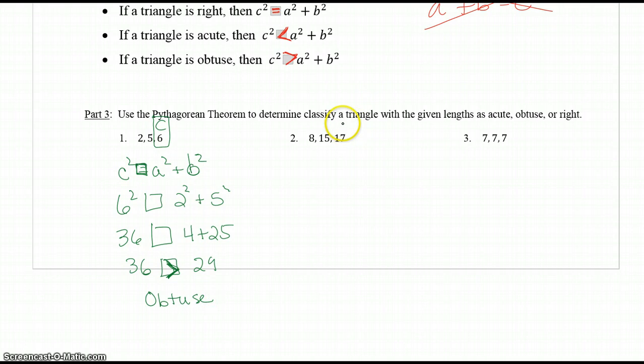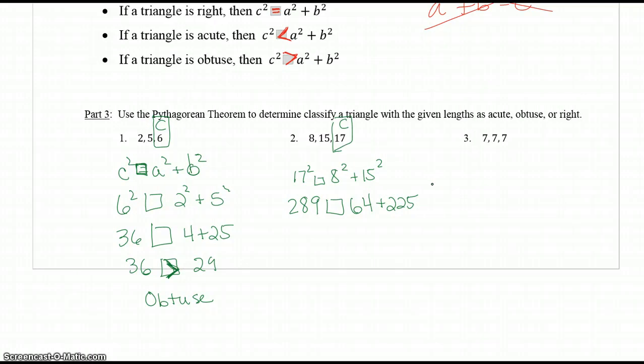Number 2, again, C has to be 17 because it has to be the longest side. So 17 squared equals 8 squared plus 15 squared. 17 squared is 289, 8 squared is 64, and 15 squared is 225.